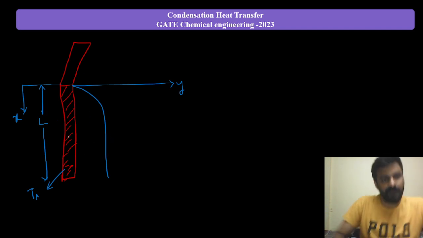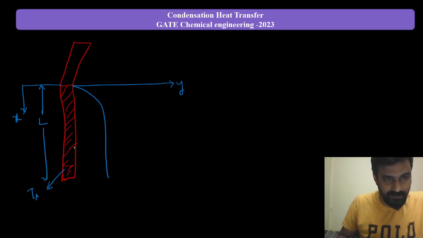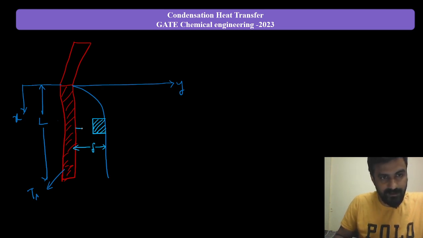You can see there will be a boundary layer formation, and the thickness of this boundary layer I am assuming is delta. I am considering a small element of this condensate liquid at a horizontal distance y.